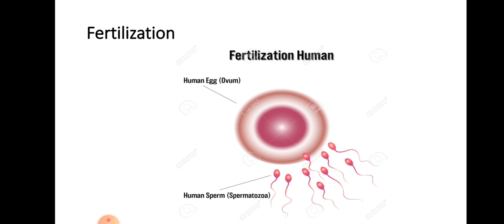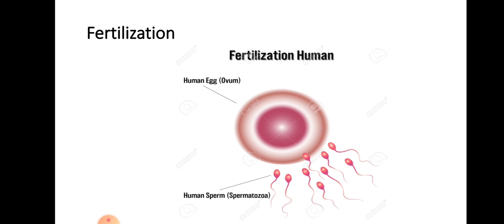This is the first step in the process of reproduction, that is the fusion of a sperm and an ovum. When sperms come in contact with an egg, one of the sperms may fuse with the egg. You may see this picture.